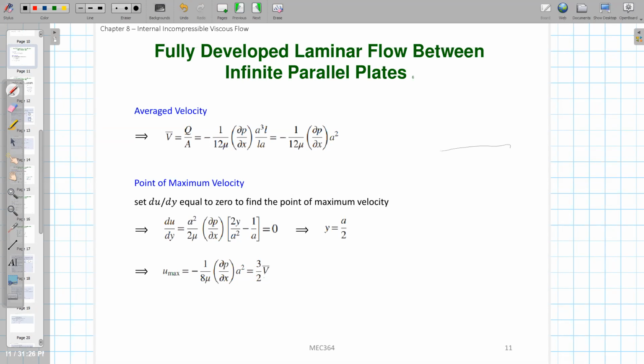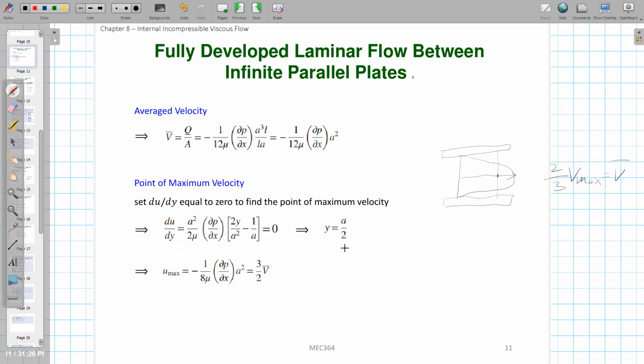For the flow between the two parallel plates, if this is the flow profile and this is the maximum velocity here, the average velocity will be here. 2/3 of the V max will be V average, because from here you know it. So this is for the flow between the two flat plates.